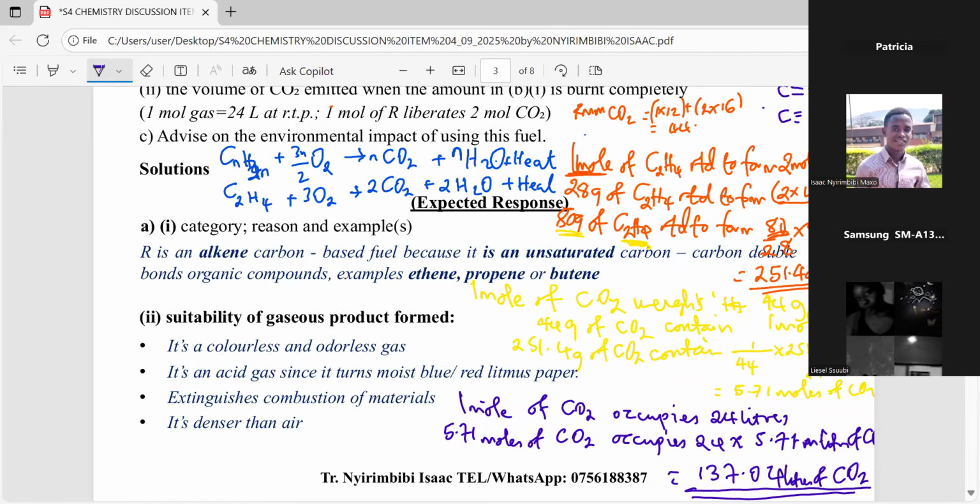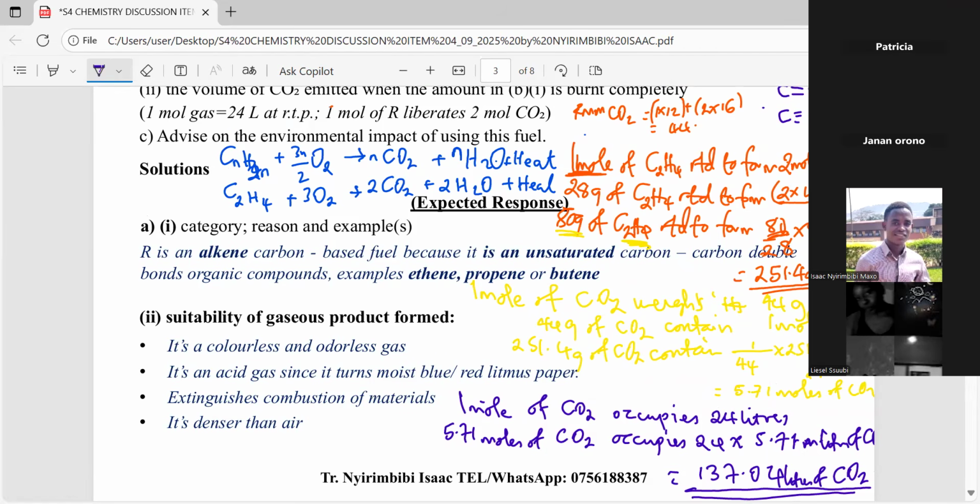When you use the other method, you'll find out that you're using very small space compared to when you use this method. So we are going to see. For me, I use the other first method. Let me see, those people are raising up the hand. Janan, Olono. Yes, Olono.